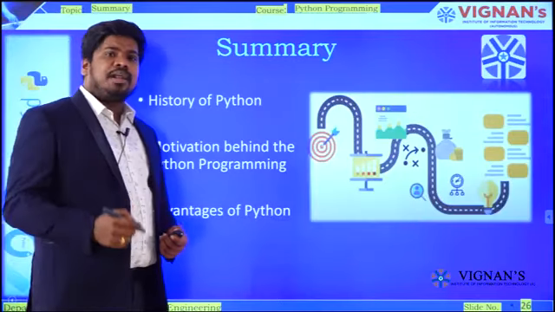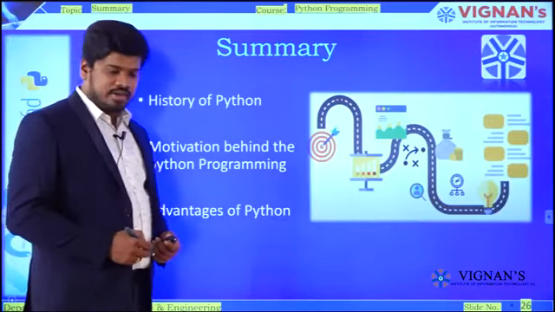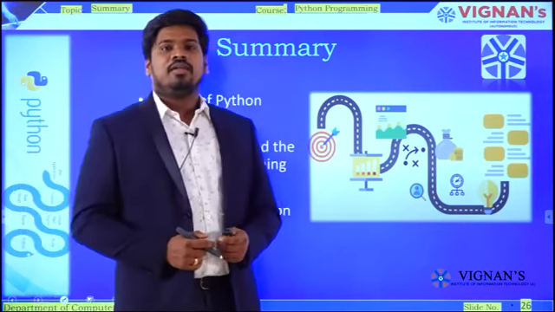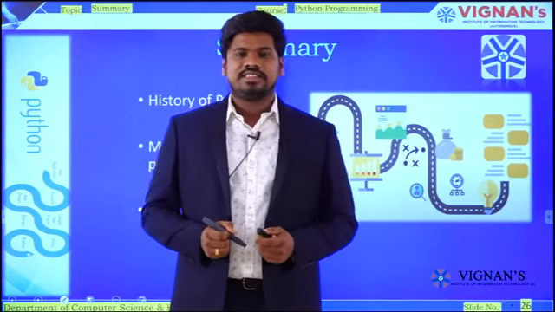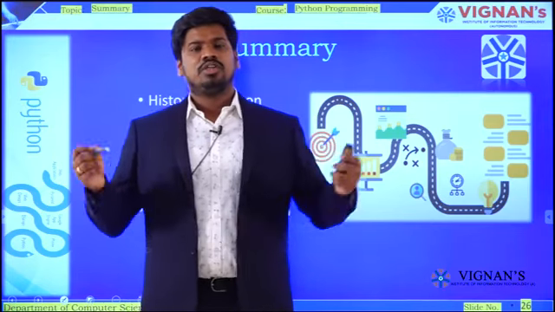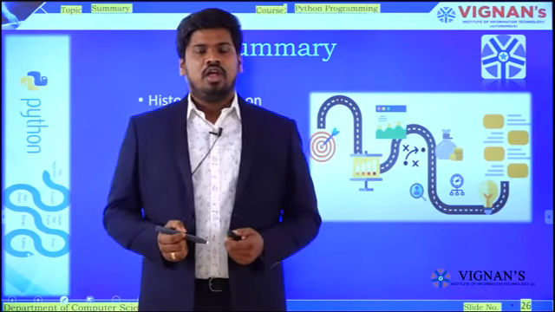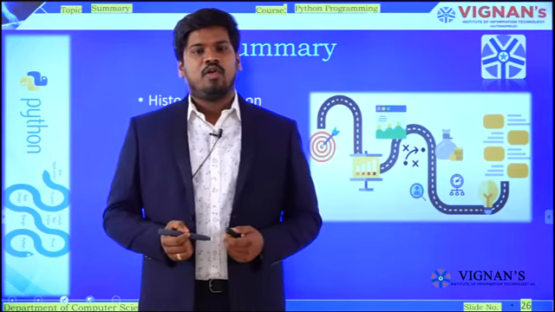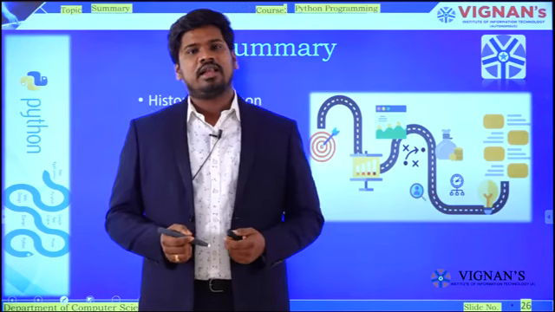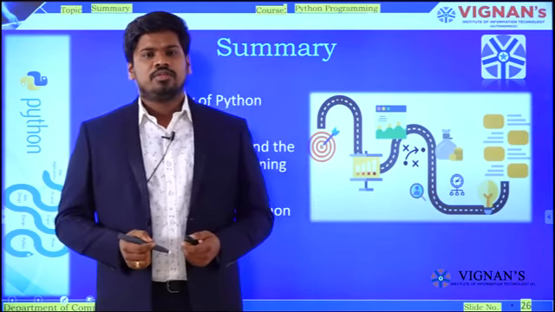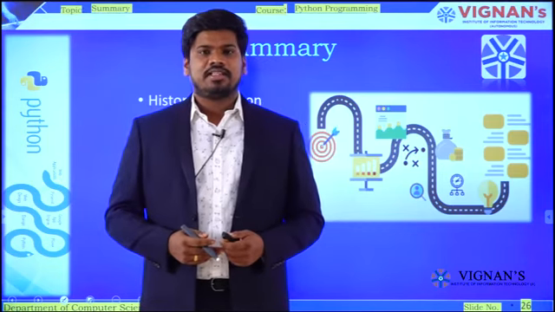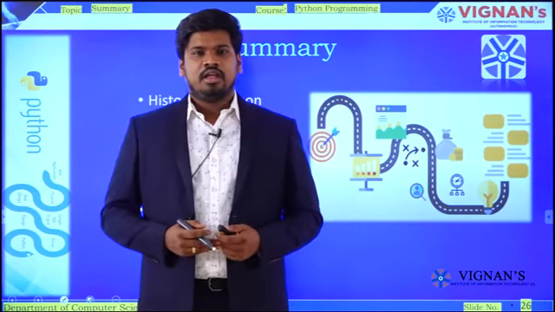So I want to summarize today's lecture number 1. At the start I told you what Python is, and second I told you who the author of Python is, how the Python name was got, and what motivated Guido van Rossum to create Python. Next, I explained the various possibilities of learning Python.